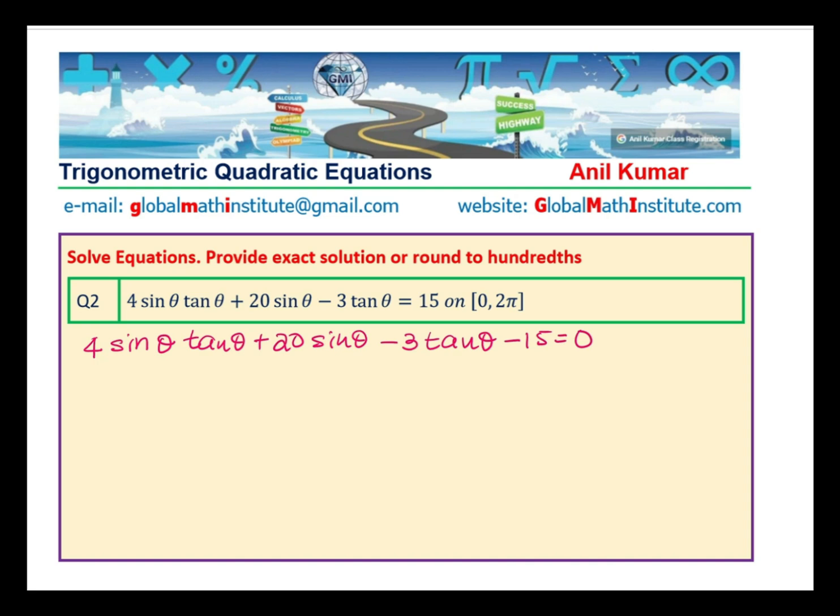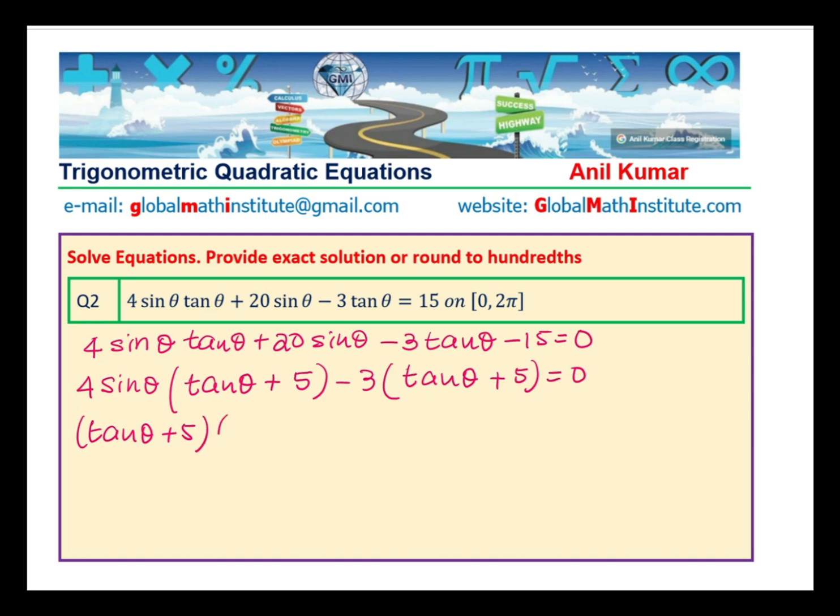In the first two terms, we have 4 sin theta as common. We are left with tan theta plus 5, right? 20 divided by 4 is 5. Now we can take 3 common. We get tan theta plus 5 equals to 0. Now tan theta plus 5 is common, and that gives you 4 sin theta minus 3 equals to 0.